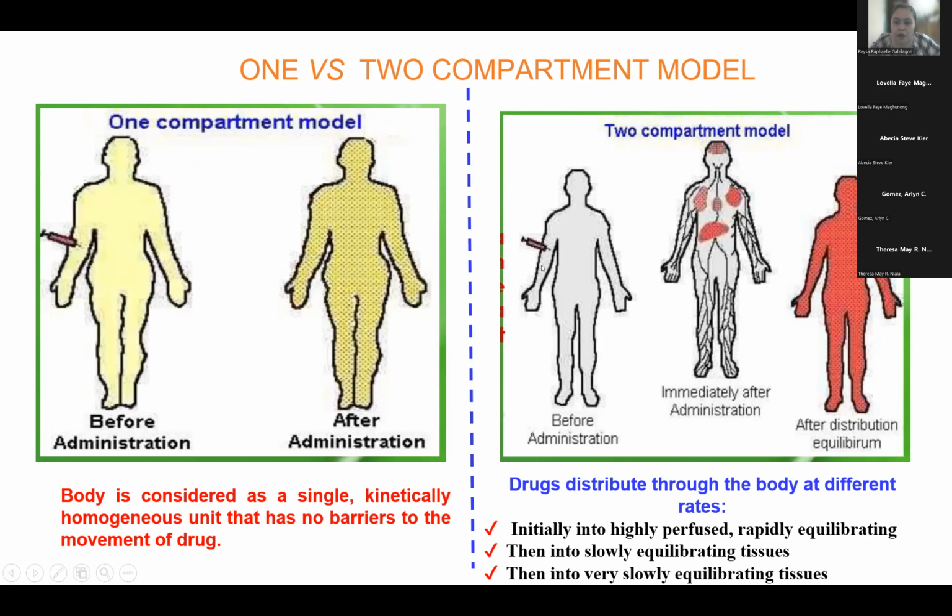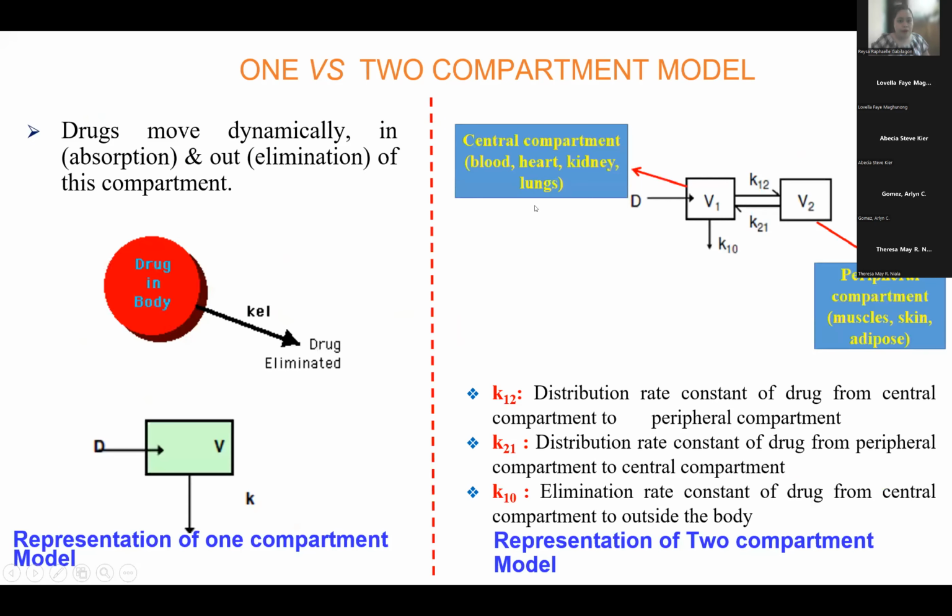And then we wait before the drug can be distributed all over the body. So we have to consider here the perfusion rate of the drug and the barriers that need to be crossed for the drug to be distributed to other parts of the body, or the so-called peripheral compartment.